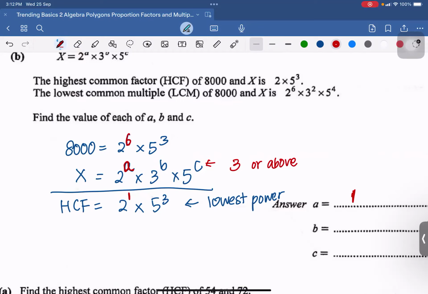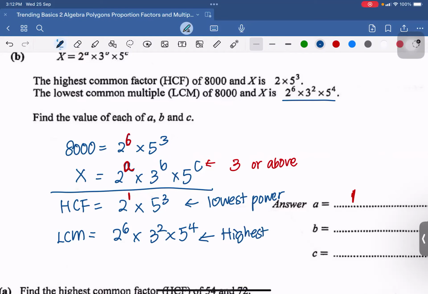Okay, then let's check. The next part of the question says the lowest common multiple: 2 to the power of 6, 3 squared, 5 to the power of 4. When we choose lowest common multiple, what kind of power do we choose? Highest. Yes, we choose the highest.